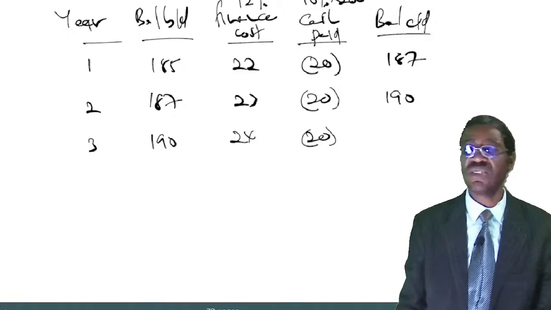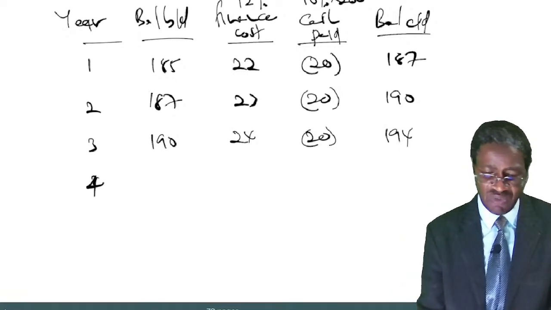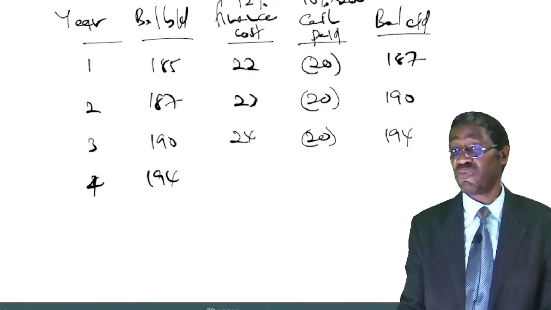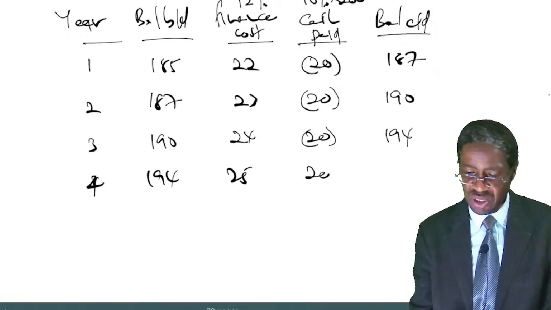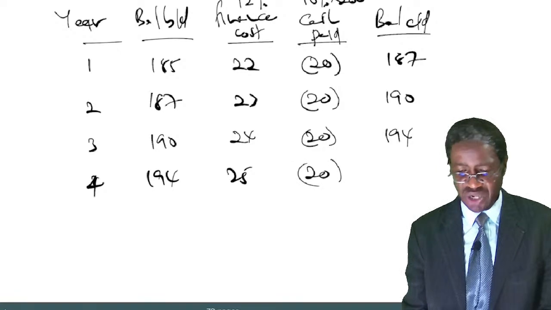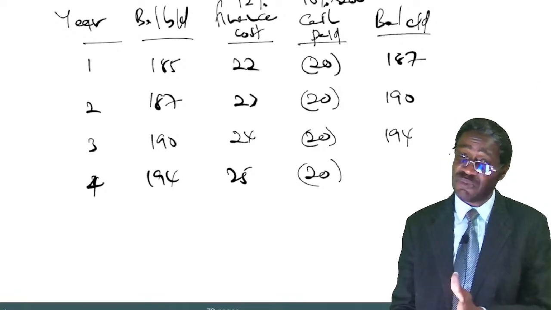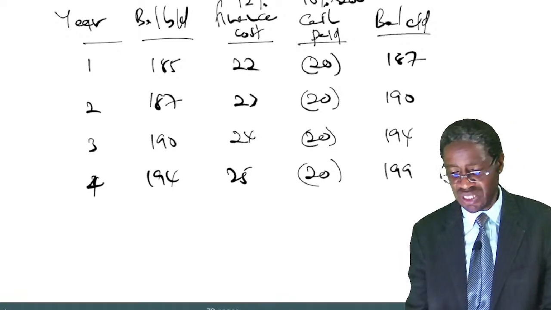Plus 190, that's 194. I bring down the balance by the beginning of the fourth year, 194. Let me assume you take 12% of that and you get 25 for purpose of illustration. You pay 20 million. What are you carrying forward? It will be 25 minus 20, that's positive 5. I add it to 194, that gives me 199.